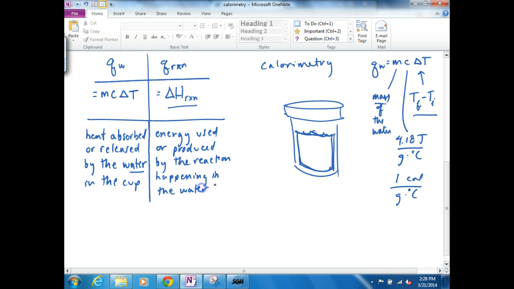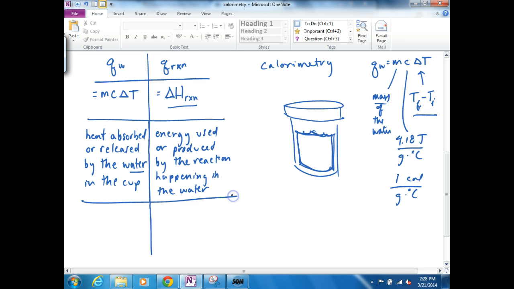Now this is important that you see that these are two different things that are happening. We have the water absorbing or releasing heat, and we have the reaction using or producing energy.